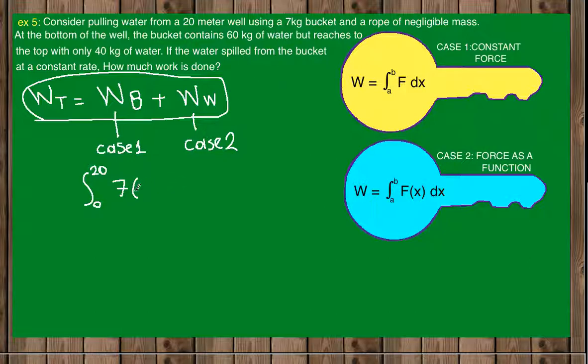So we have to multiply 7 by 9.8 dx. So this is our gravity, and this is the mass of the bucket, or weight of the bucket.